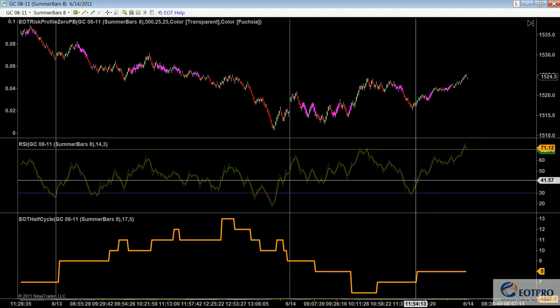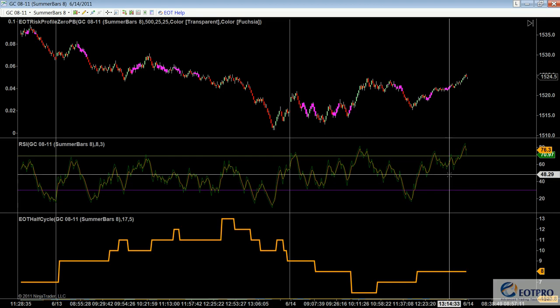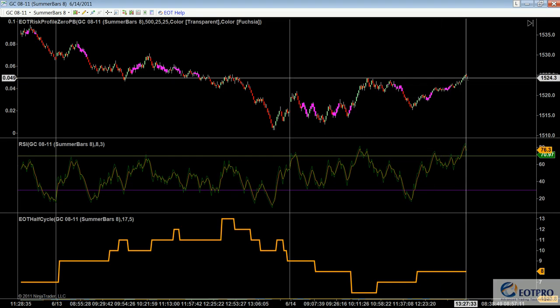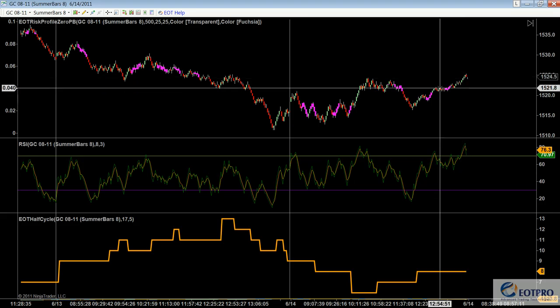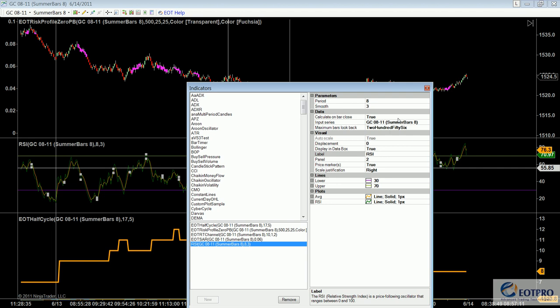So if you adjusted this indicator dynamically according to our half cycle indicator and changed it to 8, it might better fit price data right here. If you adjust the RSI compared to the cycles, this should be set to 13 right now.